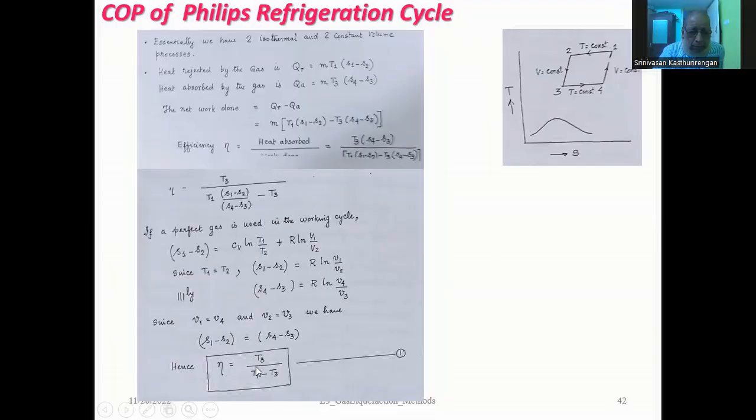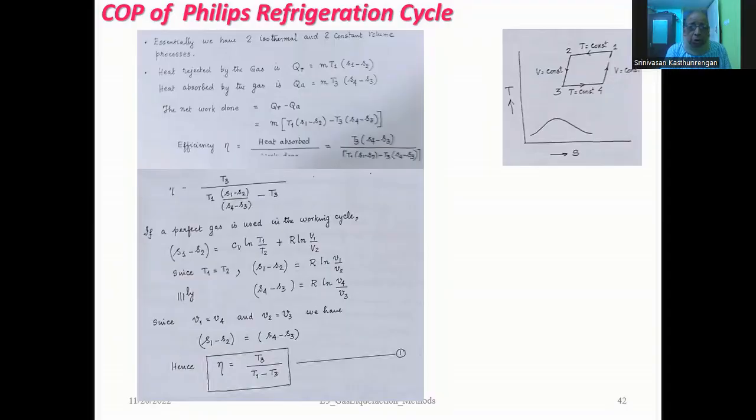So the so-called COP or efficiency of the system, we will rather call it the COP of this Phillips refrigeration system, is equal to T3 divided by (T1 minus T3), which is nothing but the Carnot cycle value.